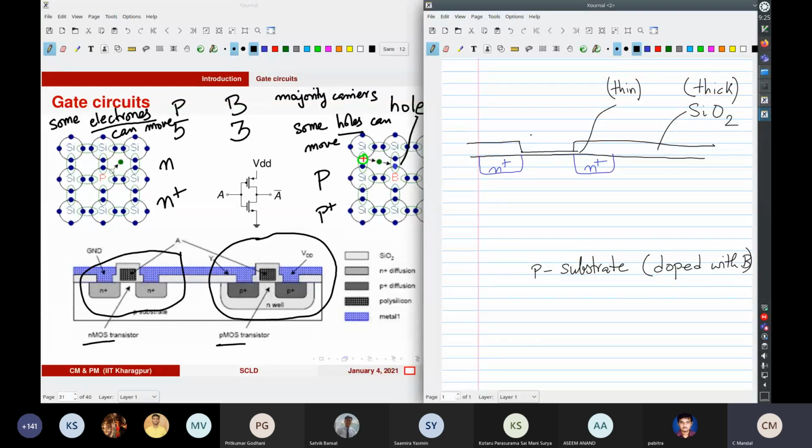And over here you have a deposit of what you call, or maybe I can just use a different color.